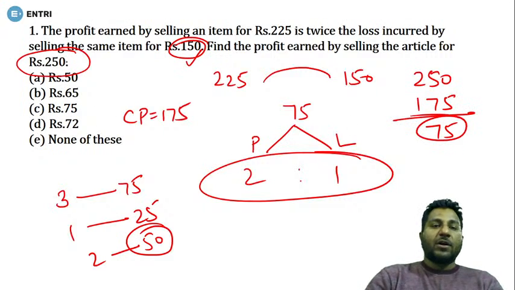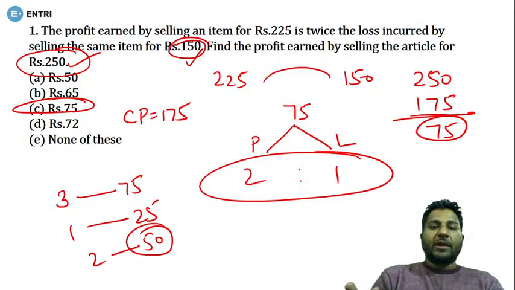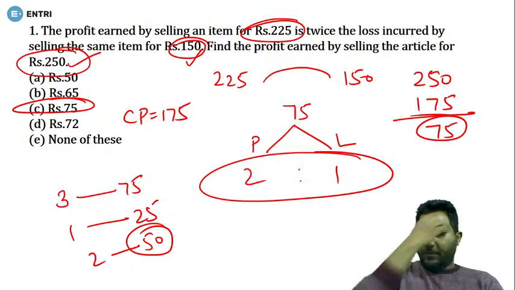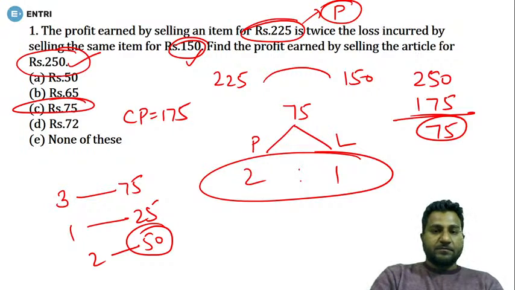Yes, correct. I had not seen this because I thought we had to find it on the 225 selling price. Don't worry, because on 225 we were getting profit. Yes, correct.